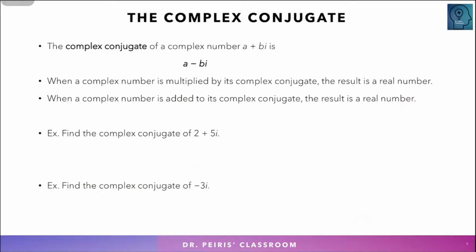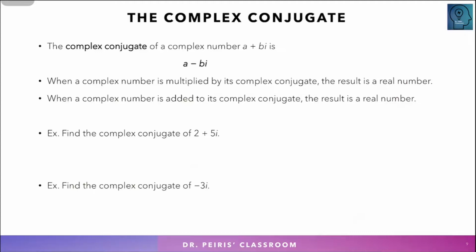You basically switch the sign in the middle. When a complex number is multiplied by its complex conjugate, you will get a real number as your answer. Similarly, when a complex number is added to its complex conjugate, your answer is also a real number.